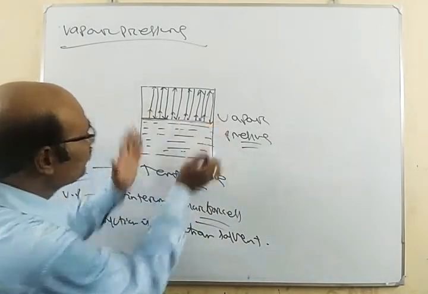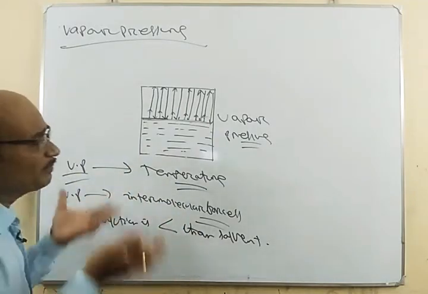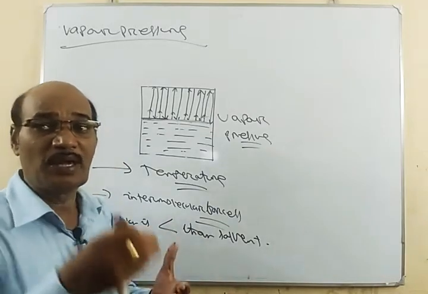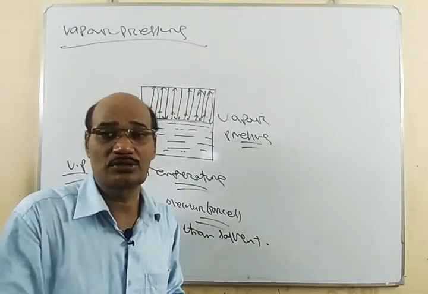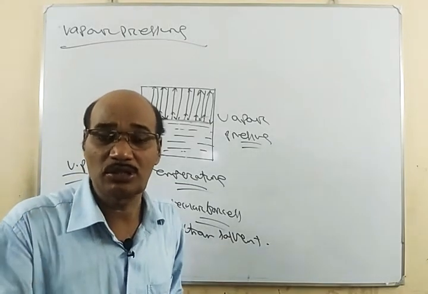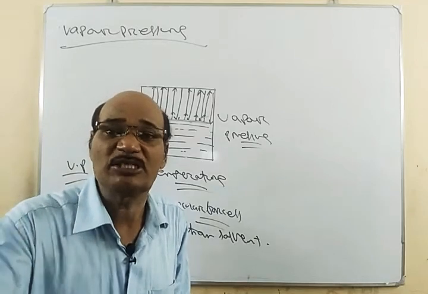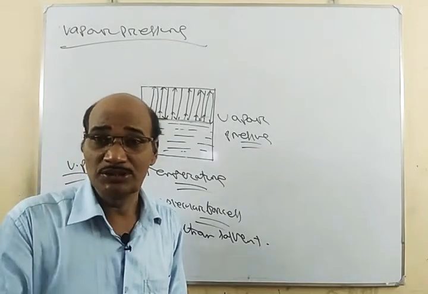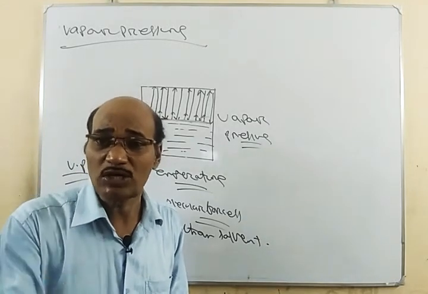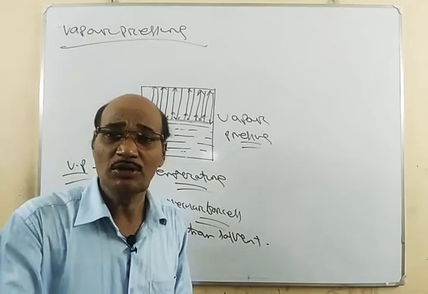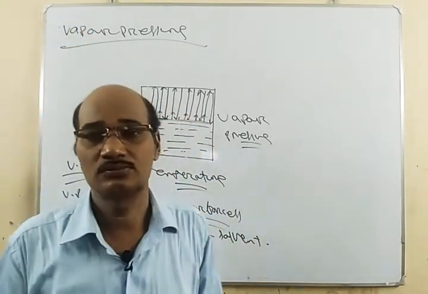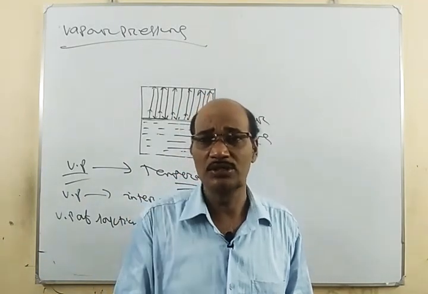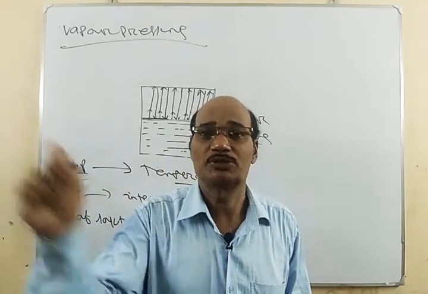So now let's take this liquid and you supply heat, you increase temperature. When you increase temperature, the vapor pressure will increase more and more. And as the vapor pressure increases, at a point the vapor pressure will be equal to the atmospheric pressure, and the temperature at which the vapor pressure of the liquid is equal to the atmospheric pressure is known as the boiling point of that liquid. So boiling point is the temperature at which the vapor pressure of the liquid is equal to the atmospheric pressure.